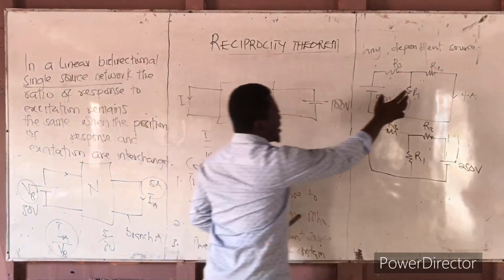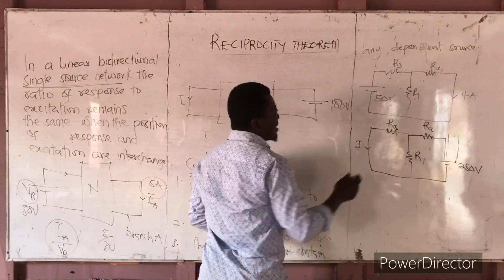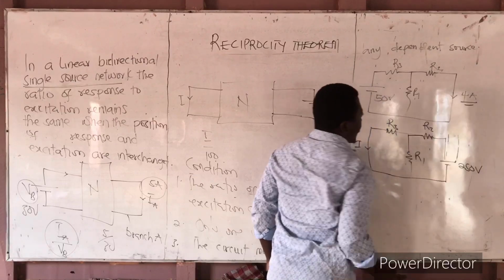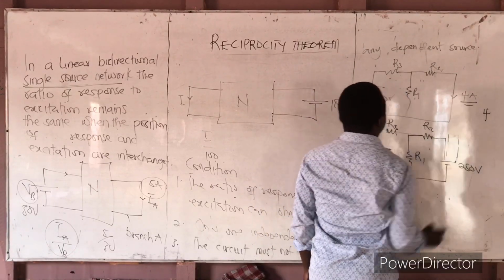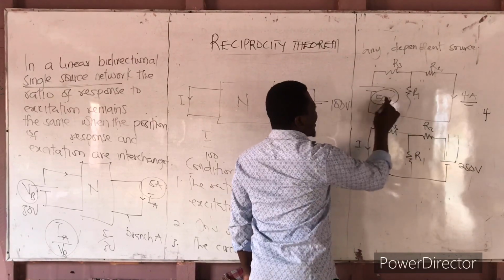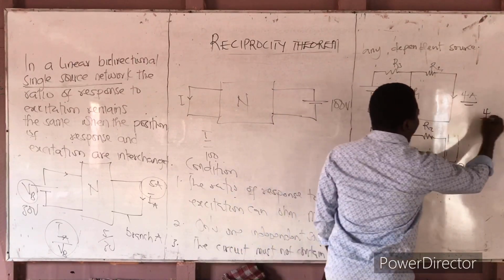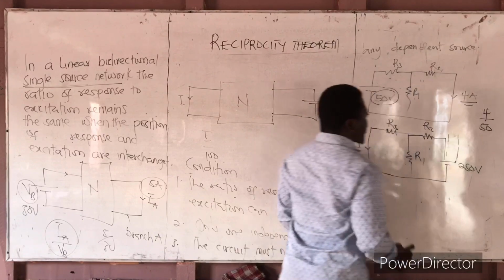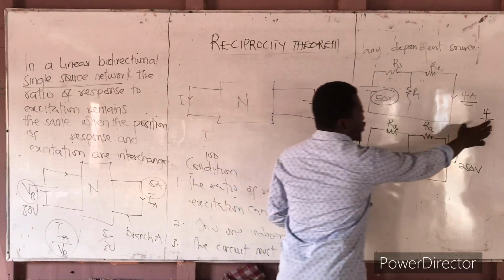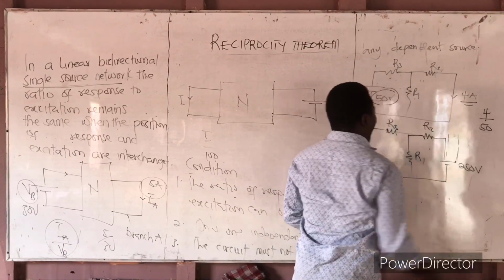So in this circuit, they are telling us that the response is 4, and the excitation producing this 4 ampere is 50. So that's the ratio of response to excitation.